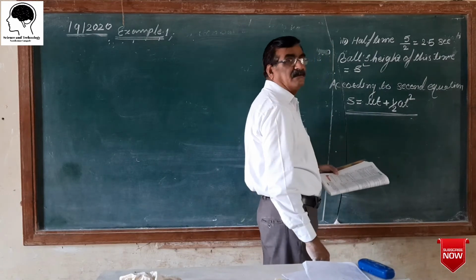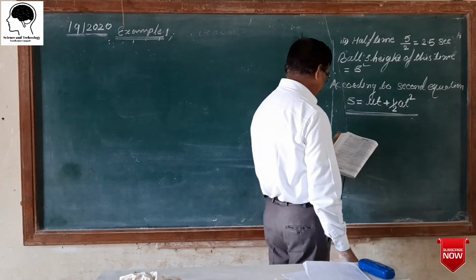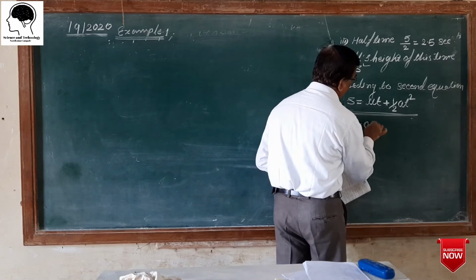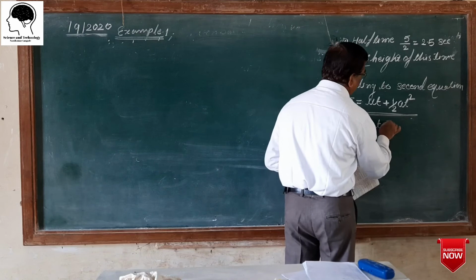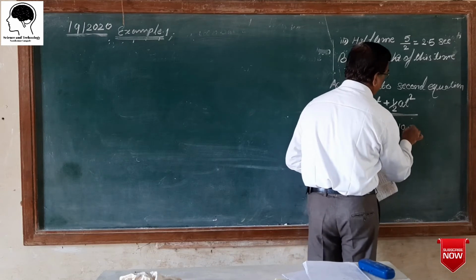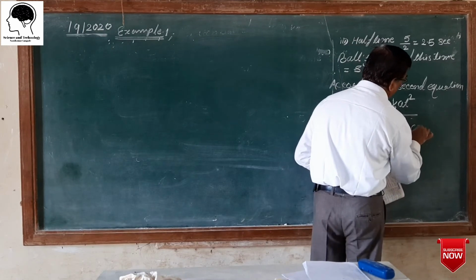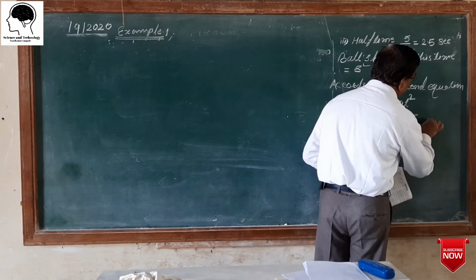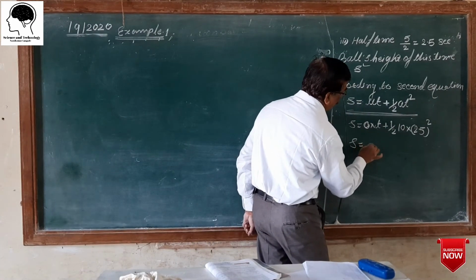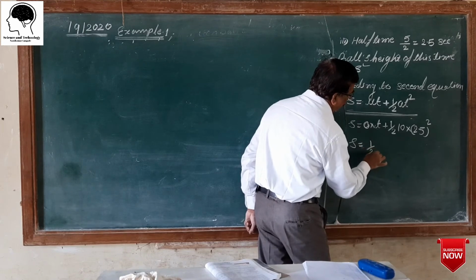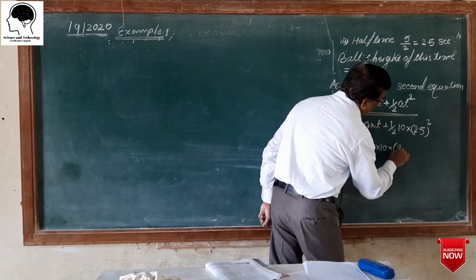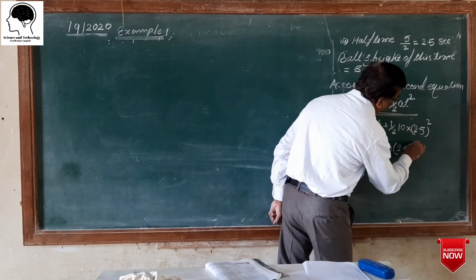We are putting the values into the formula. s is equal to 0 into t, which is 0, plus 1/2 into 10 into the square of time, that is 2.5 square.